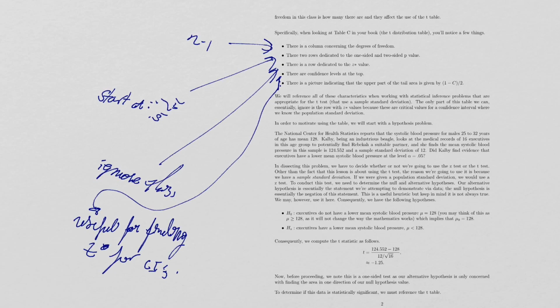And what's probably the most important right here is we're going to end up finding the area to the right instead of the left, to the right of our test statistic.